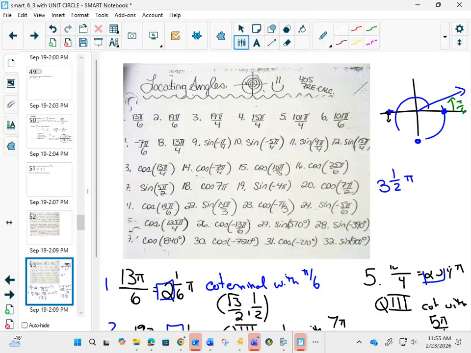If cos is your x coordinate, it's 0, neither positive nor negative. If it's sine, it's negative 1. Sine is negative in 3 and negative in 4, so it'll be negative on the axis as well. If you were to get just 3, it would land perfectly there. So sometimes you get your axis family.